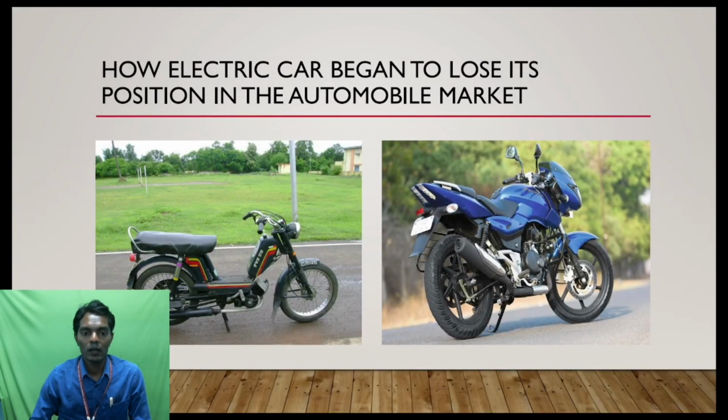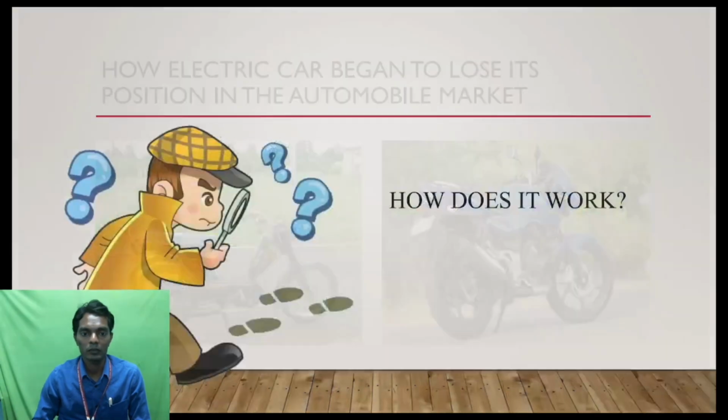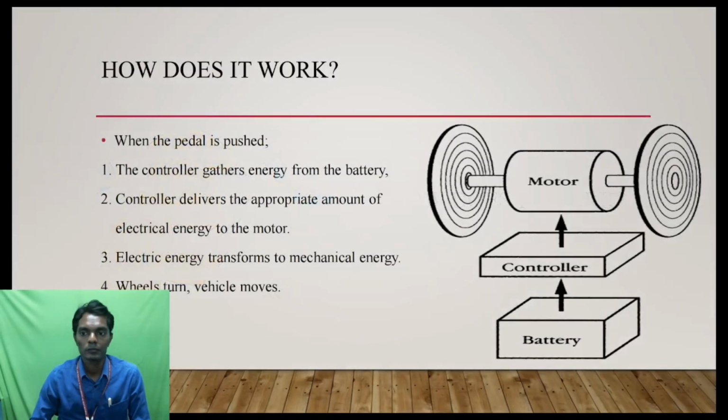Not just the car, you also see the bikes. This is how the electrical car began to lose its position in the automobile market. How does it work? When the pedal is pushed, we store the energy in a battery. We are using lithium iron phosphate batteries now.